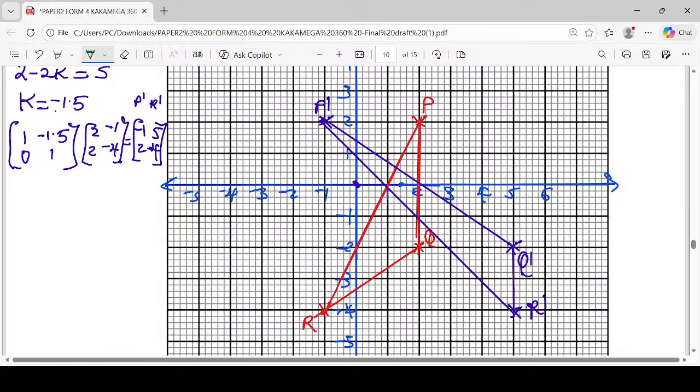Let me see about the origin. So it will be 1, negative 2. Here we need to be very, very keen with how we respond to such a question.